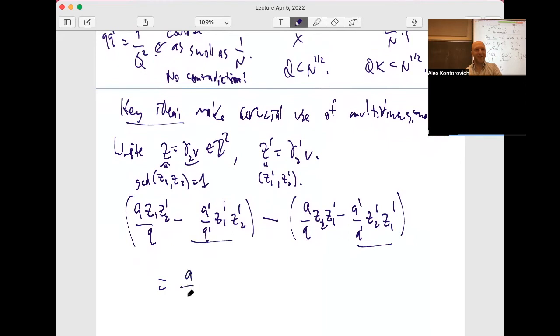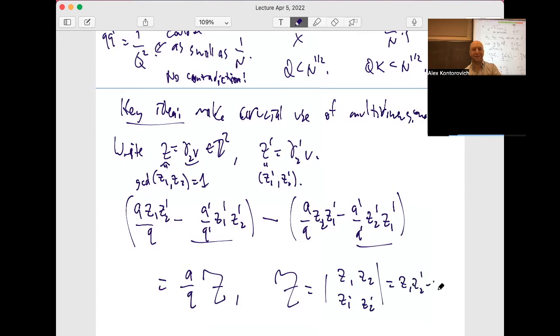So it's only a over q times what I'll call curly z. Curly z is the determinant of z1, z2, z1 prime, z2 prime. There's nothing fancy about this. It's just a way of writing this.